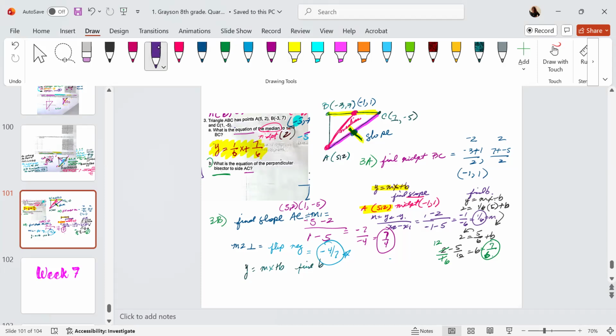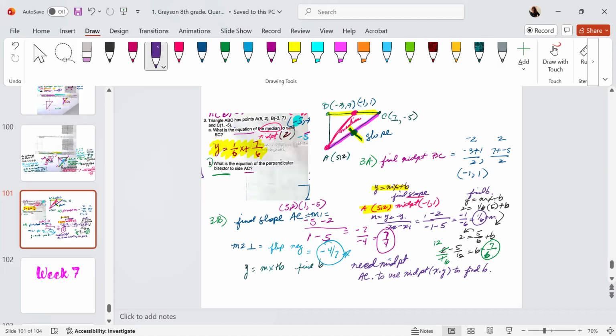I can't find the b because I need the midpoint of AC to use the midpoint x, y to find b. Does that make sense? If I would have used A for the point, that wouldn't make any sense because that point is not on this line.